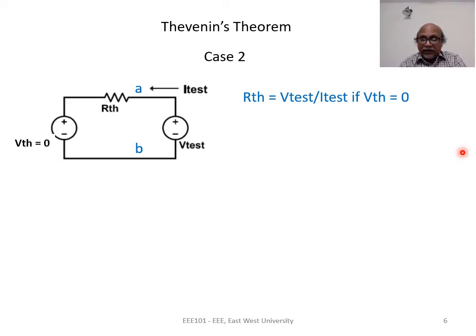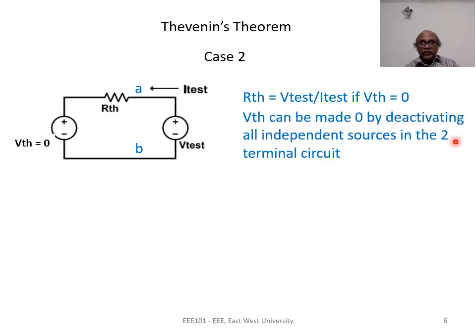If we deactivate all the independent sources within the two-terminal circuit, there will be no cause, so VOC will be equal to 0. So, an appropriate way to make VTH 0 in the two-terminal circuit is to deactivate all independent sources.